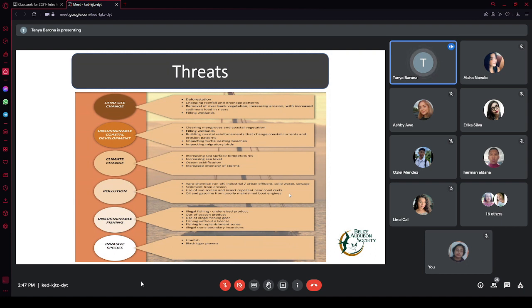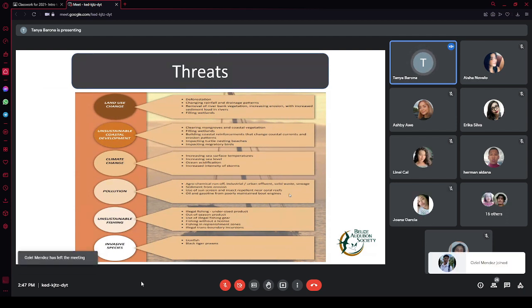And then there's climate change: increasing sea surface temperatures, sea level rise, acidification, and intense storms. All these lead to intense storms, which might cause erosion and the trees being damaged. And then there is pollution: chemical runoff, industrial waste, like we see up north in the New River. That's due to nutrients being run off from farms. That's what they found.